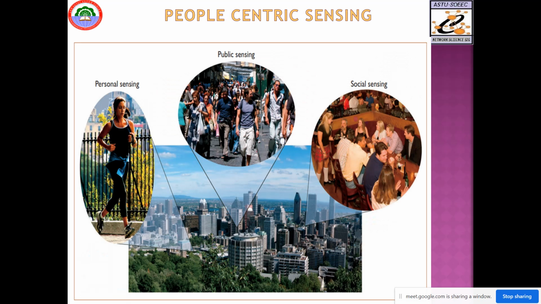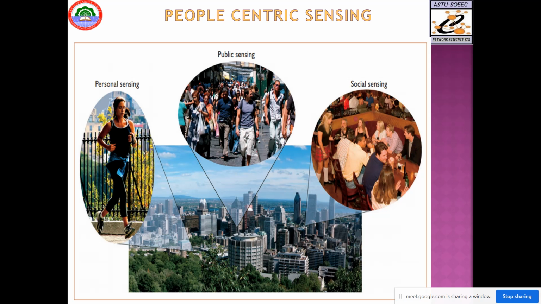The second category of human centric routing is people centric sensing. That means people are sensing the surroundings themselves. Here we can have personal sensing, public sensing, and social sensing. In a people centric sensing system, again the humans are acting as sensor nodes.